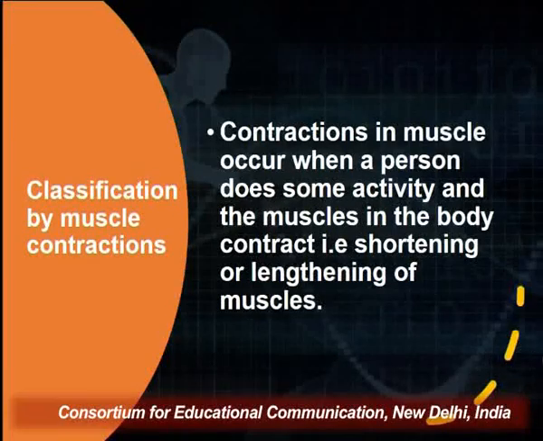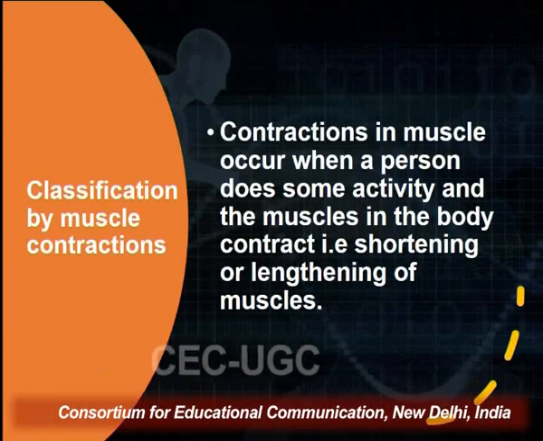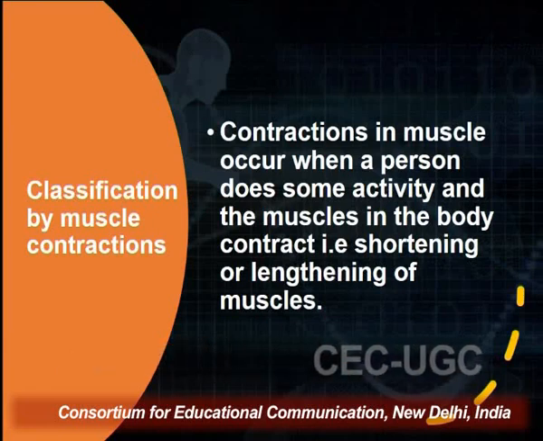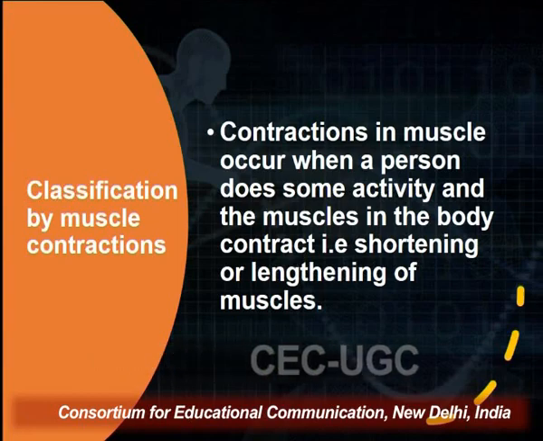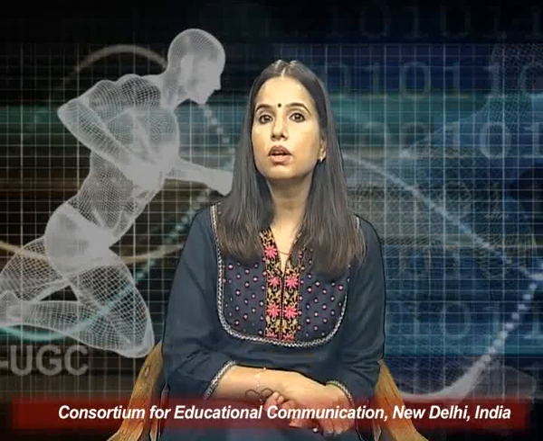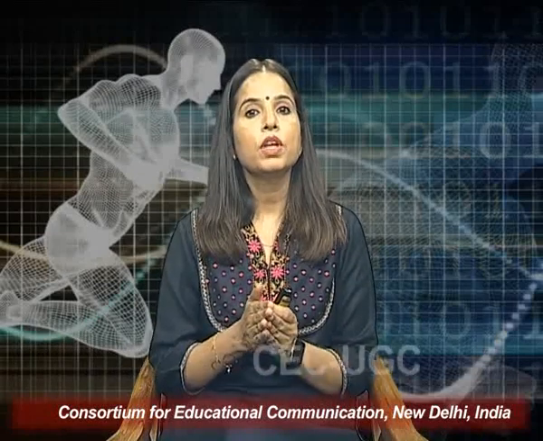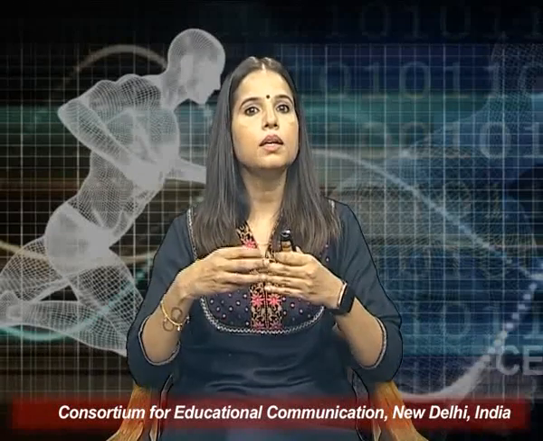Now let's see the classification of muscle contraction. Contraction in muscles occurs when a person does some activity and the muscles in the body contract, for example shortening and lengthening of the muscle. The first one is isotonic contraction, which occurs when a muscle changes length when contracting under a constant tension.